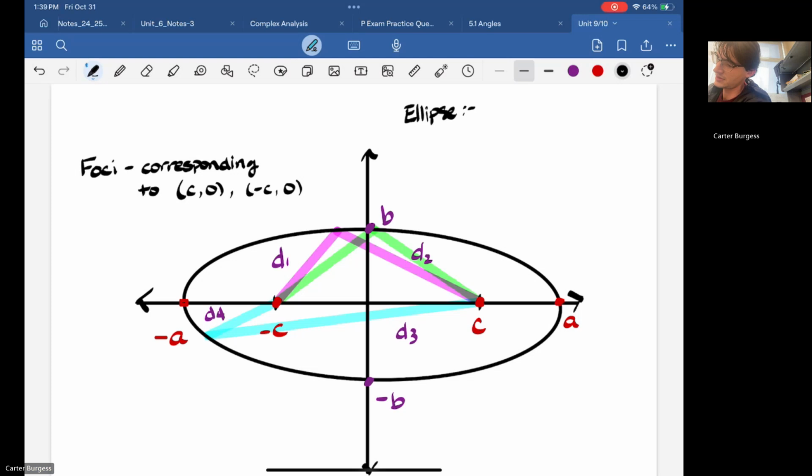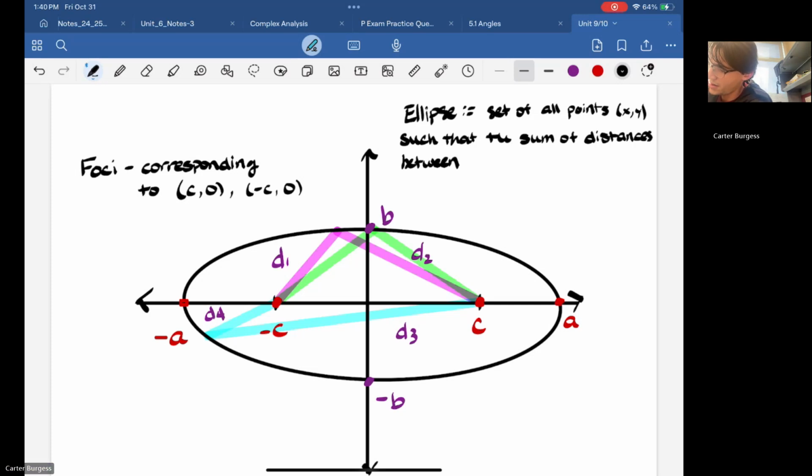So I'm going to go ahead and define an ellipse as the set of all points (x, y) such that the sum of the distances between the foci and the point (x, y) that we are considering is constant.